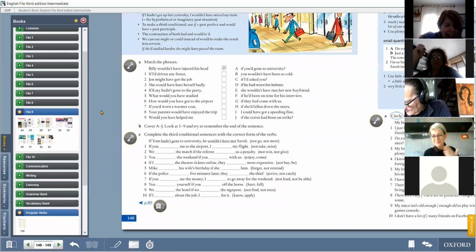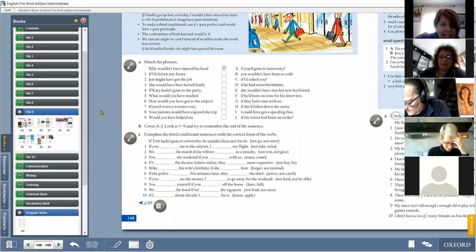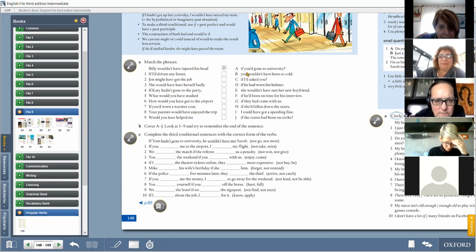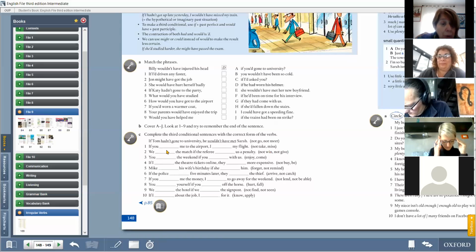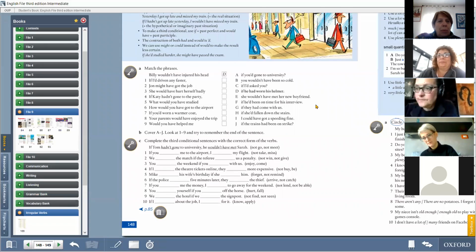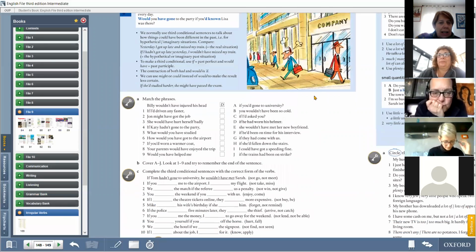Esercizio A e D, match the phrases, che questo è abbastanza semplice, e qui invece cover A to J and try to remember the end of the sentence. La B la tralasciamo, ma facciamo la C. Complete third conditional sentences with the correct form of the verb. Proviamoci a farla, pagina 140, aiutandoci anche con la parte sopra o con la lezione che avete.